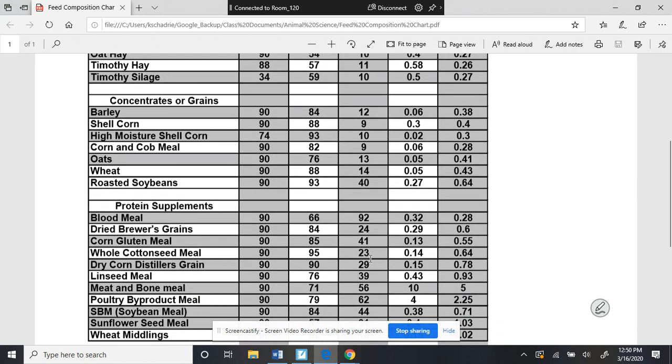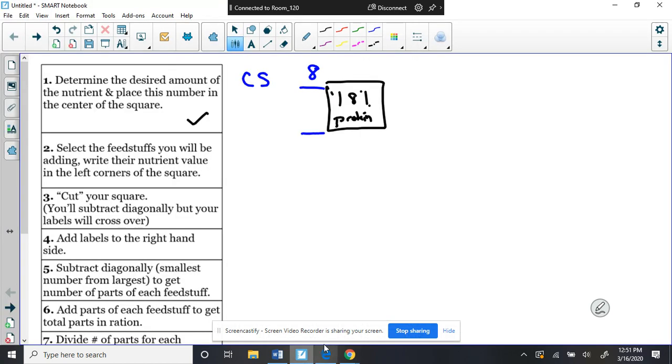So I think we're going to do whole cottonseed meal right here. This one has a protein value, or crude protein value, of 23%. So I'm going to go back to my document. I have whole cottonseed meal, and then 23%.